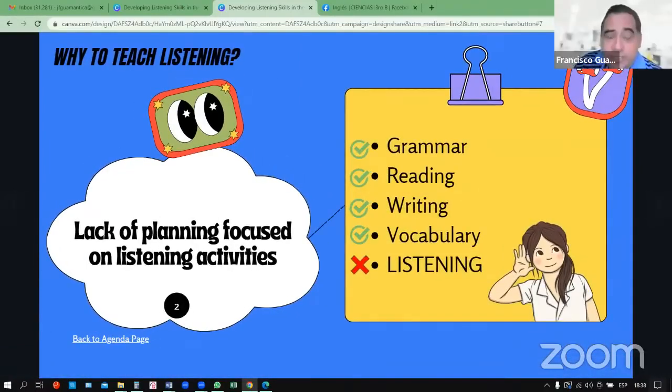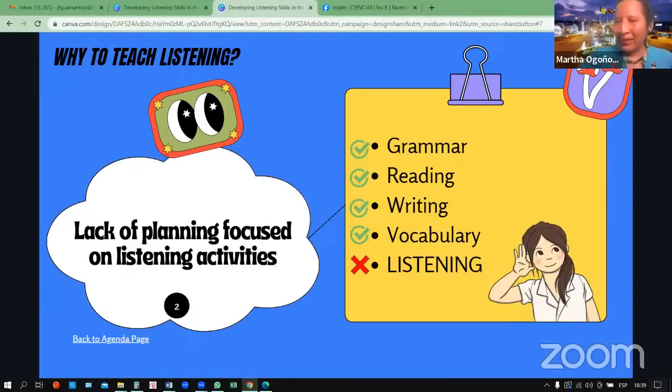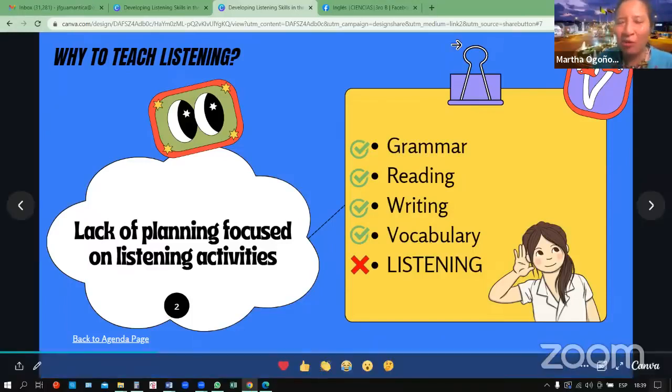Why teach listening? The second one is lack of planning, focus on listening activities. I was saying something about that. Can you maybe add something, Marta? Yeah, as we were saying before, most of the time we teachers focus on grammar, reading, writing, and vocabulary.